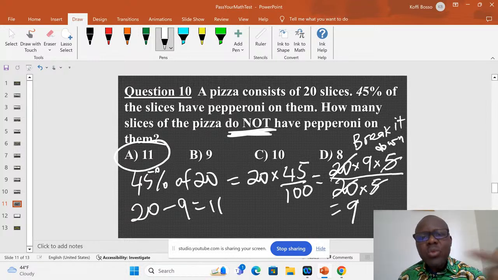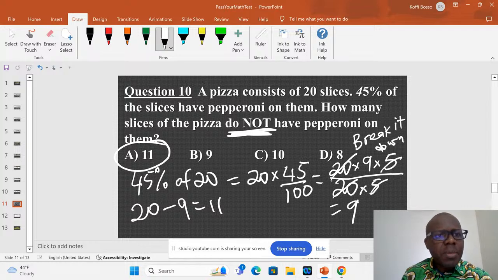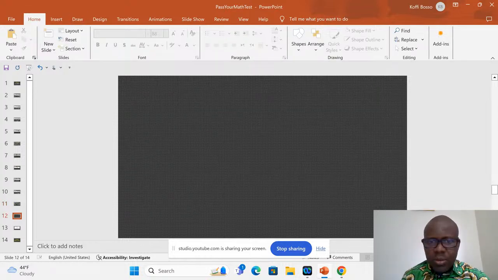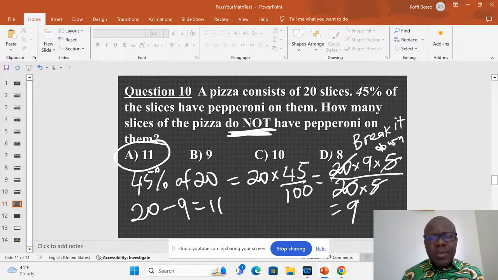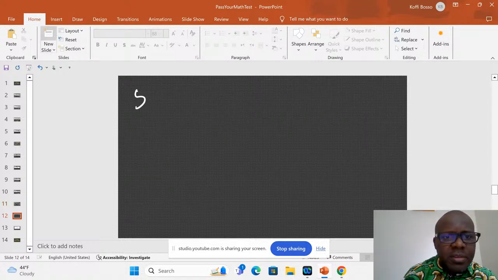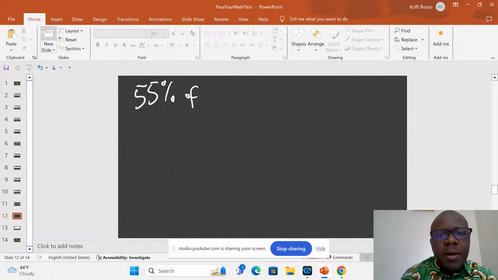Another way to solve this same problem. Let me show you, because in math we have different methods to solve a problem. When they say 45% of the slices have pepperoni, then do not have pepperoni will be 55% of the 20 slices.